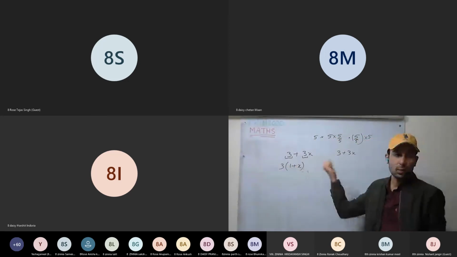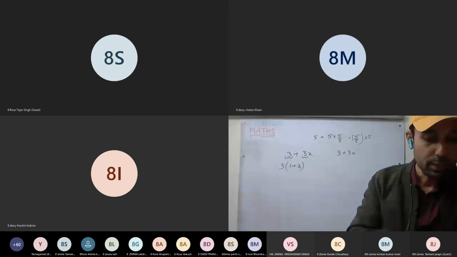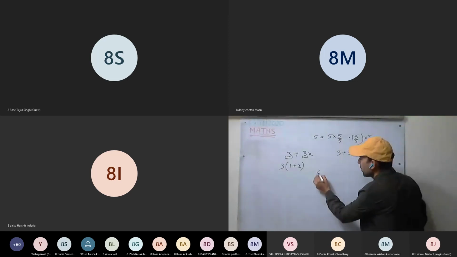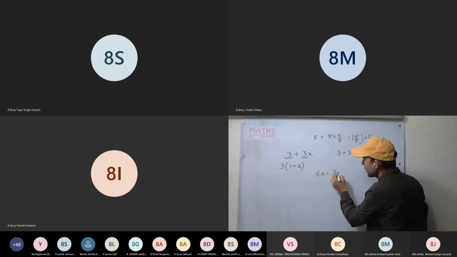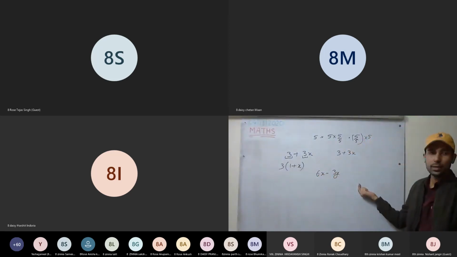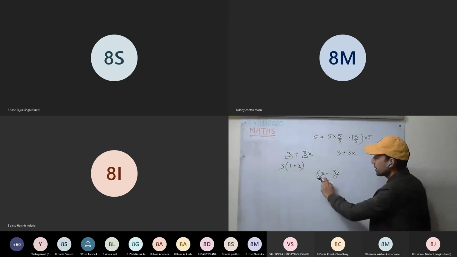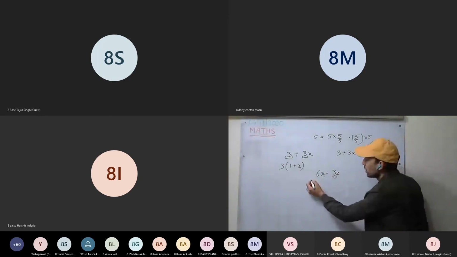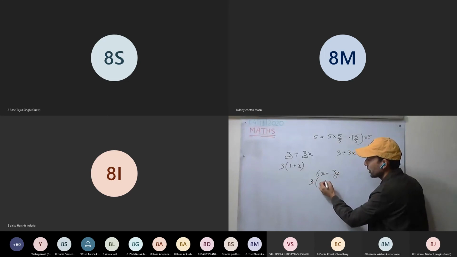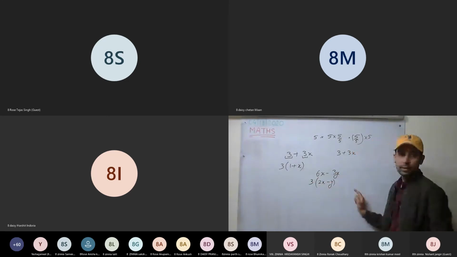This is clear. Or take any other example, like 6x minus 3y given in the book. Now find the highest common factor. It is 3, so 3 will be taken outside. What will remain inside? 2x minus y.